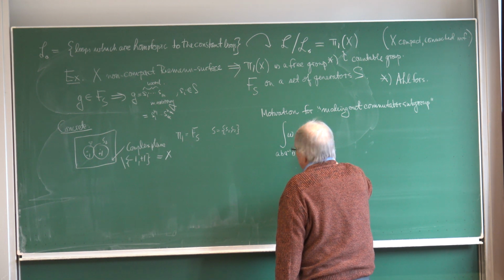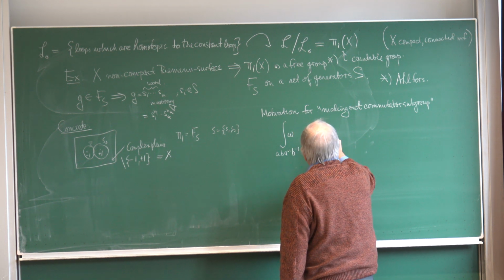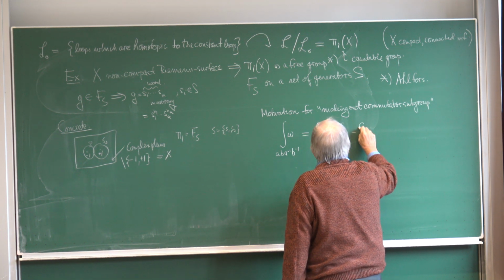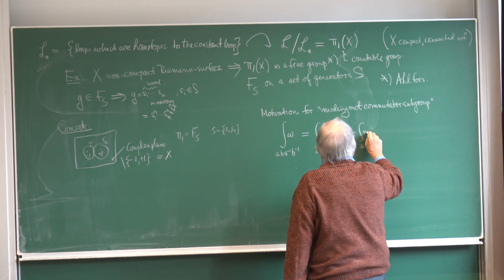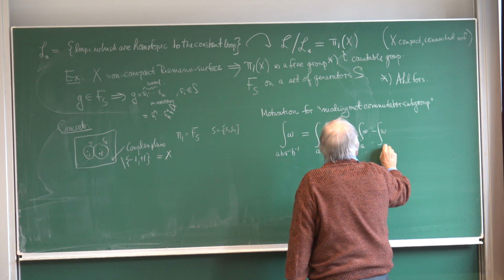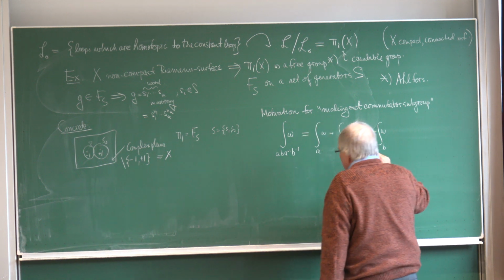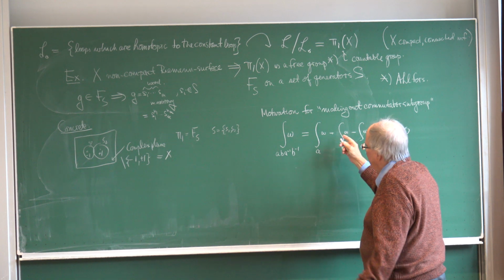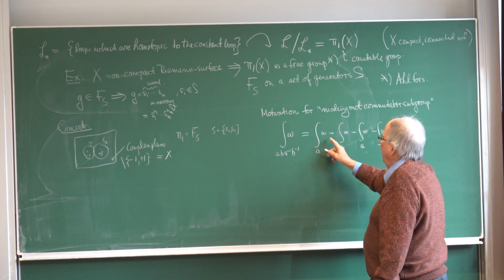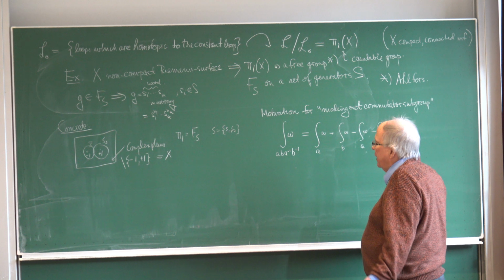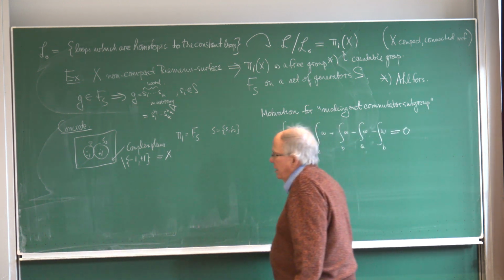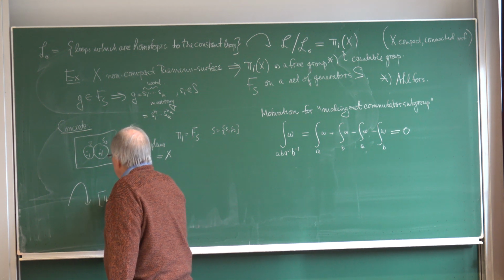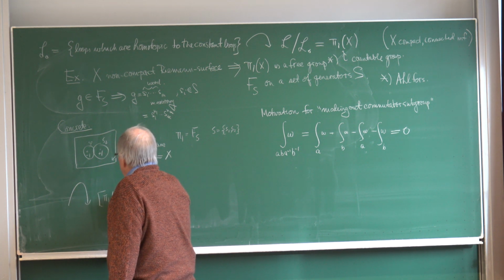By definition of the integral, this is the integral over a plus the integral over b minus the integral over a minus the integral over b, and that's 0. So that means that integration over curves really never recognizes commutators. And so that motivates Riemann or somebody to define the commutator subgroup of the fundamental group.